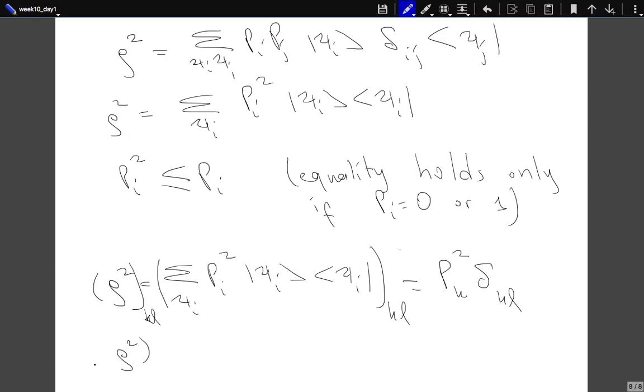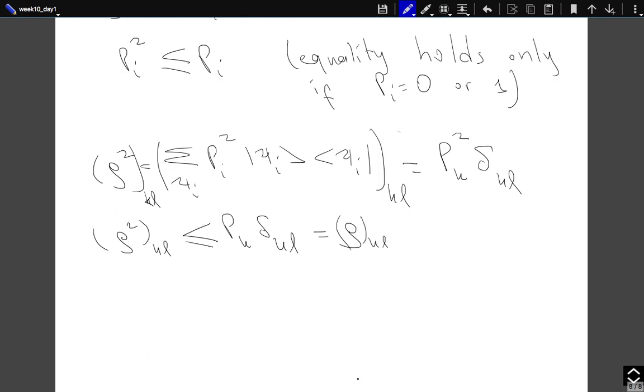So rho squared kl will be less than or equal to pk Kronecker delta kl, which is equal to rho kl. So rho squared, let's look at the diagonal ones, kk, is less than or equal to rho kk.